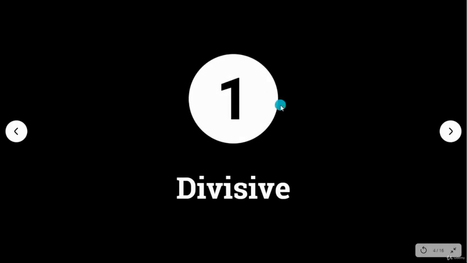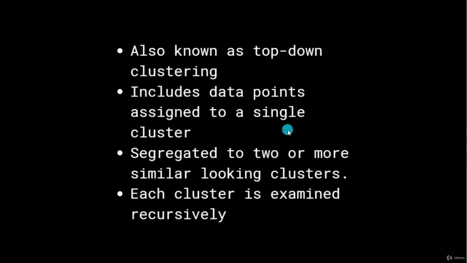Hierarchical clustering can be of two types. We'll start by studying divisive clustering. The divisive approach, which is also known as top-down clustering, starts with data points assigned to a single cluster, which is later segregated into two or more similar-looking clusters.